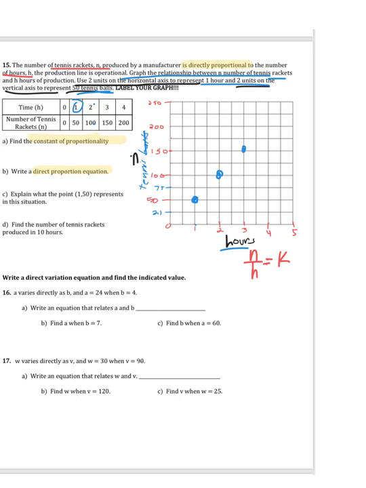Okay, and 4 hours is 200. Oh, that's nice. So now I have a straight line going through 0. And for the constant, I'm going to look right here at 1 and 50. So 1 hour will be 50, or 50 rackets in 1 hour.